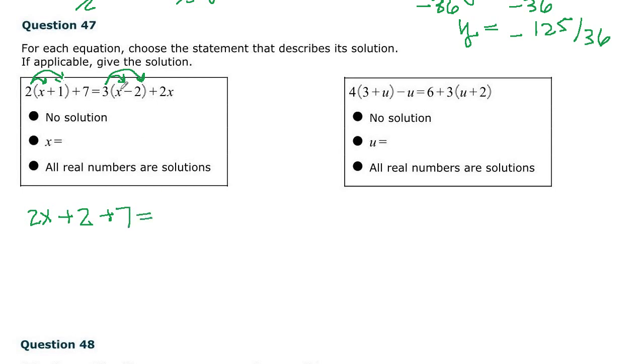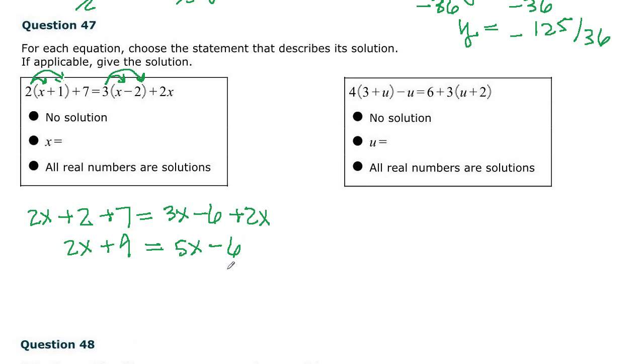equals 3 times x, 3 times negative 2, so 3x minus 6 plus 2x. And now let's see, 2 and 7 is 9, so 2x plus 9 equals 3x and 2x are like terms on the right, 5x minus 6.